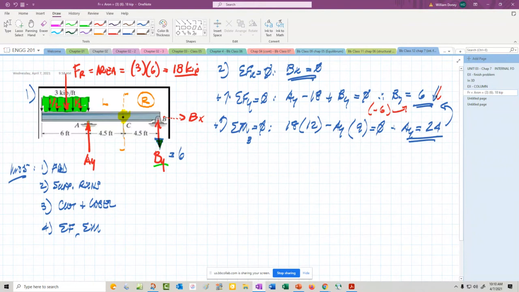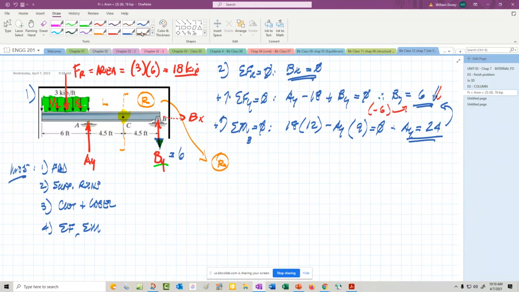The right cut only has the reaction BY. The left cut has the distributed load. It has the reaction at A. So in this case, using the right section I think would be preferable.